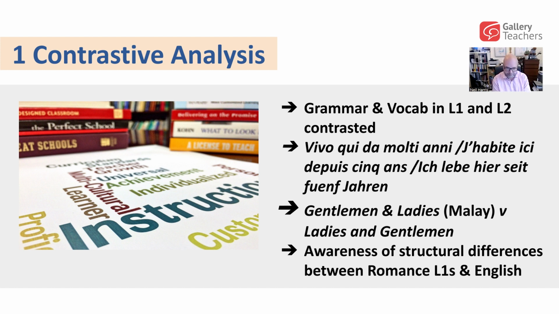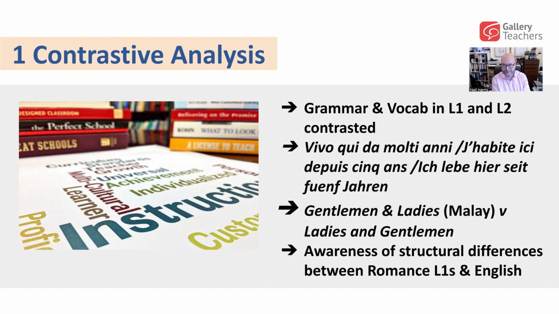So, for example, if I was working with a group of Romance language speakers or German speakers, and we were looking at the difference in structure between their language and English, we might look at the fact that in English we use the present perfect, but Italian, French, and German use a present form to translate the idea of I've lived here for 5 years or I've lived here for many years.